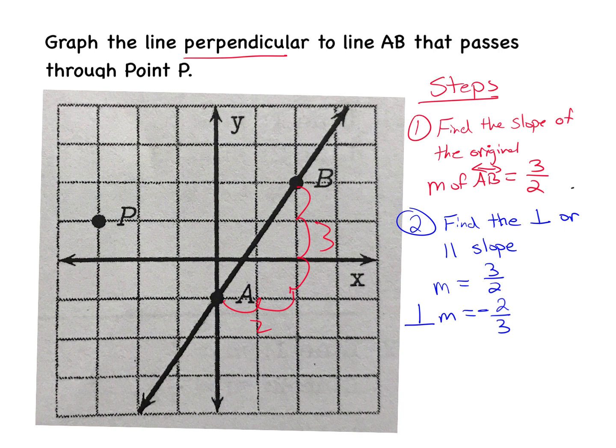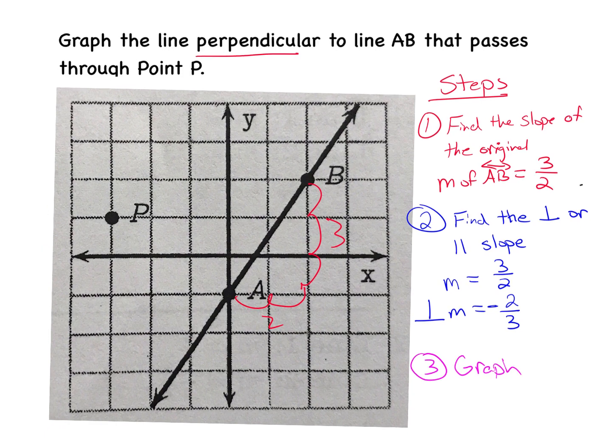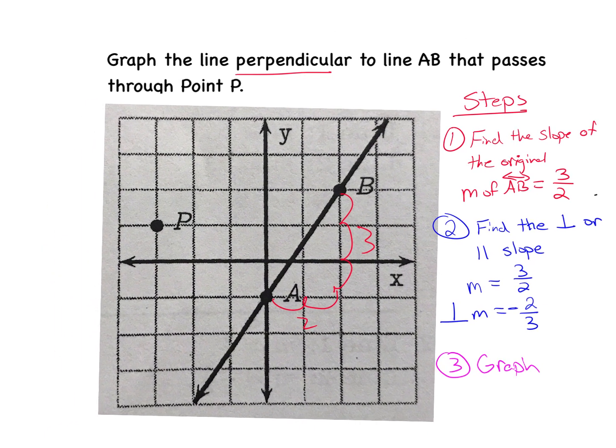And then the last thing we do here is graph it. So it says the perpendicular to line AB that passes through point P. So that means that we're starting at point P and we're going to use our perpendicular slope, which we said was what?